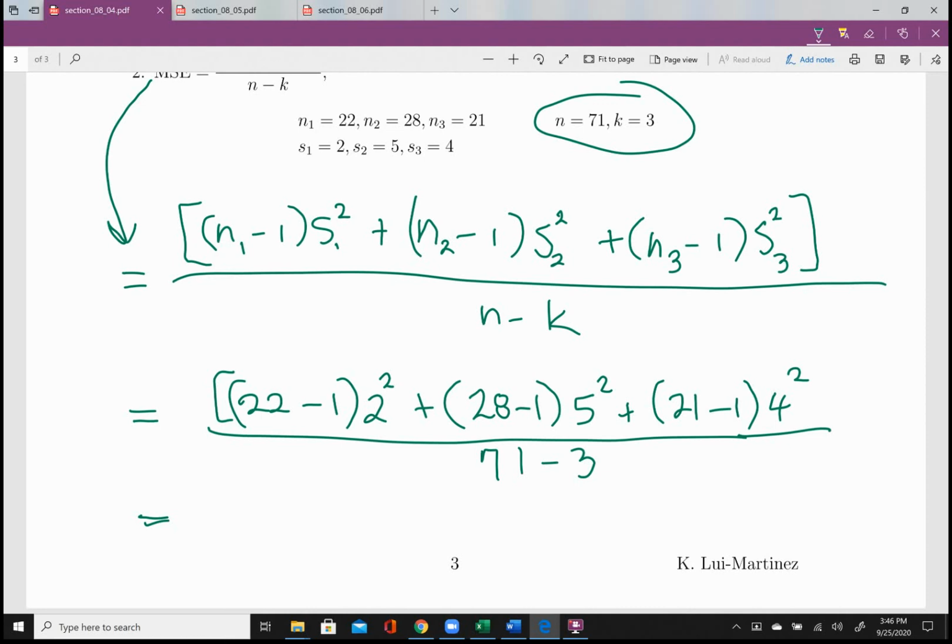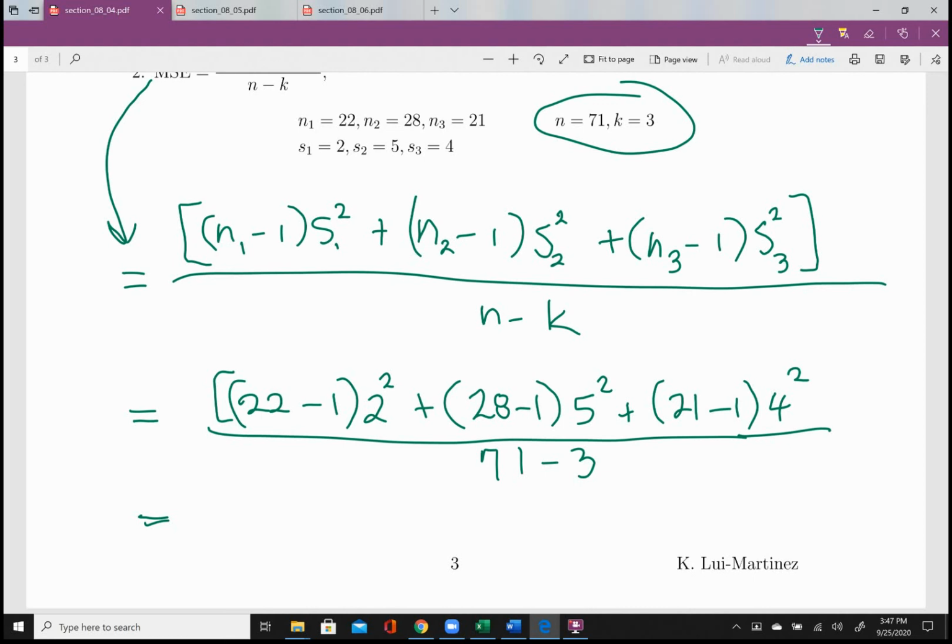22 minus 1 is 21, so the first term is 21 times 2 squared, which is 4. That's 84. Then add 27 times 25, which is 675. Plus 21 minus 1 is 20, times 16, which is 4 squared, so 320.